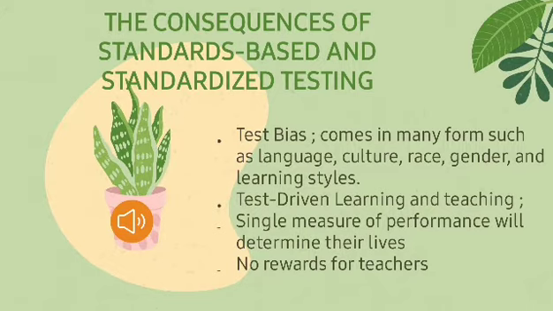Test bias comes in many forms such as language, culture, race, gender, and learning styles. And in test-driven learning and teaching, a single measure of performance will determine their lives and there are no rewards for teachers. Those are the consequences that may be faced by teachers when we apply standard testing.